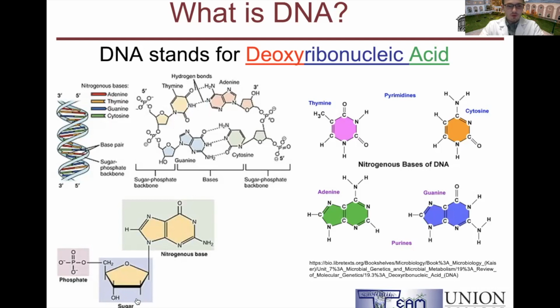So there's no hydroxyl group here. Ribonucleic, which means this is a ribo sugar, and acid, this is a phosphate, which is an acidic group. So you don't have to get concerned with what everything means. I just wanted to show you that every word in science, these big words, have meaning. Scientists pick these words for a reason.